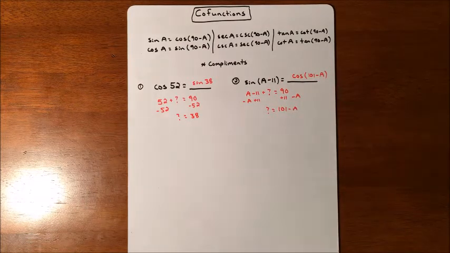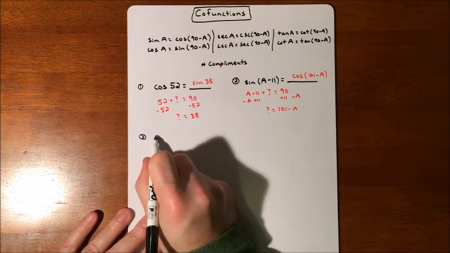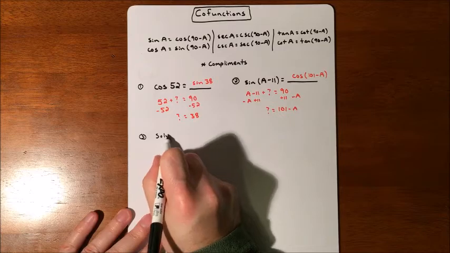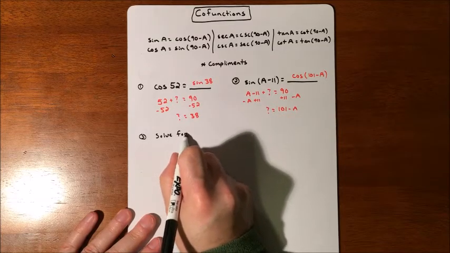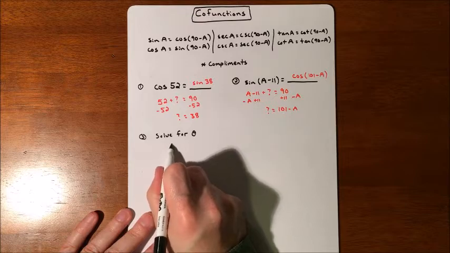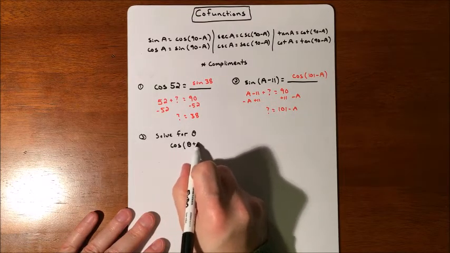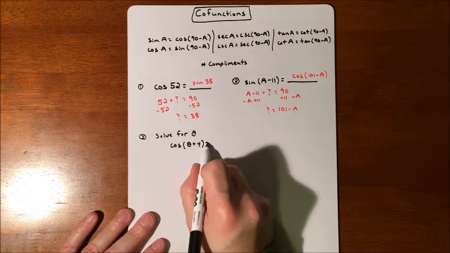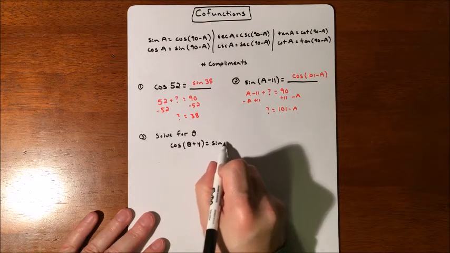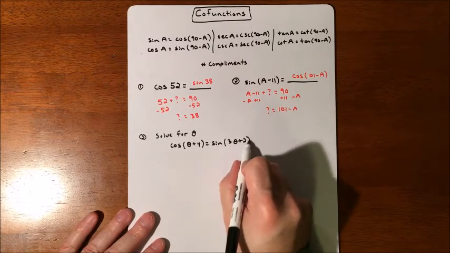We'll do one more. This time the directions are just a smidge different. You are going to solve for theta. Alright, so our problem is cosine of theta plus 4 is equal to sine of 3 theta plus 2.